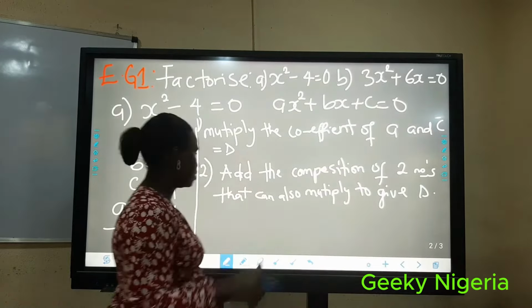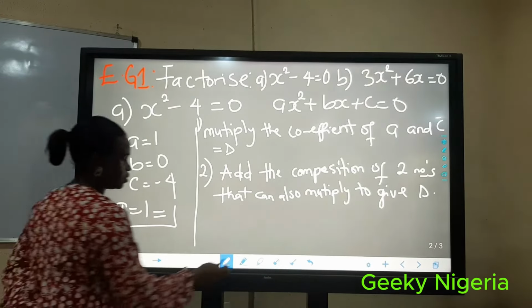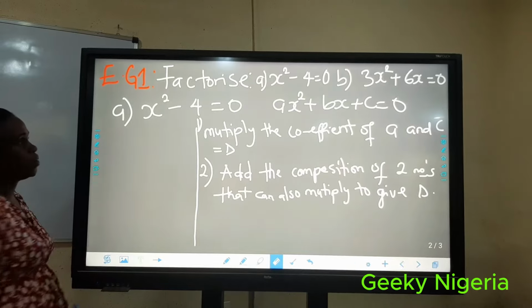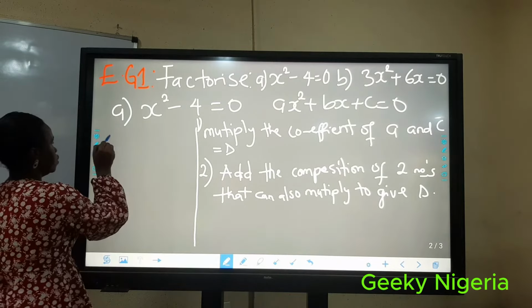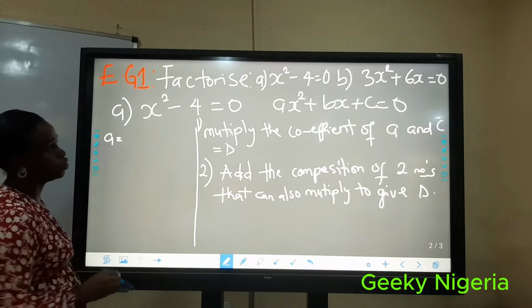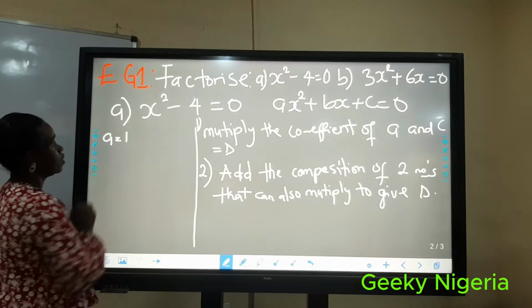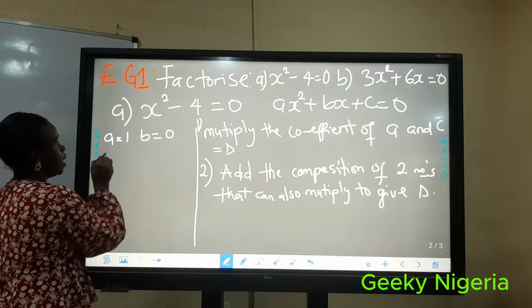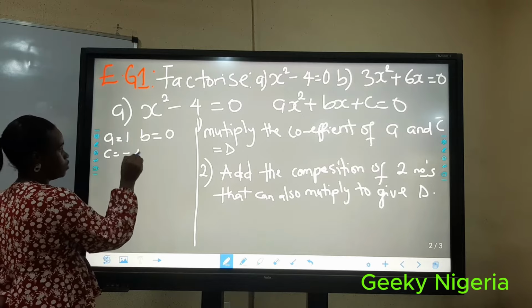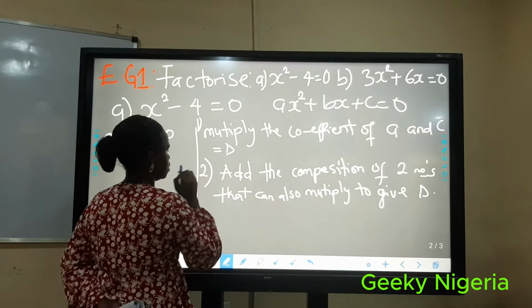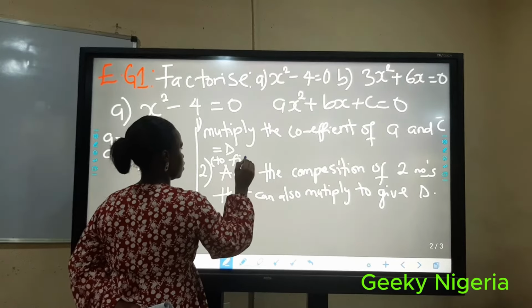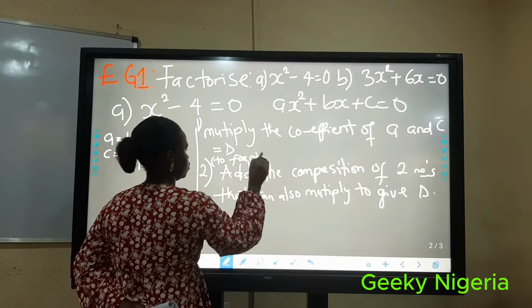So let's take this as a typical example. We'll follow this information here. So here we have our a to be what? Equal to 1. Our b is equal to 0. And our c equals minus 4. This one is to factorize. This is how to do it.